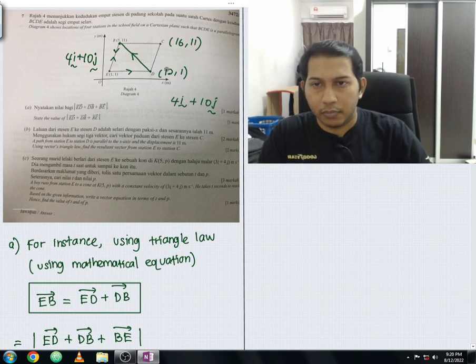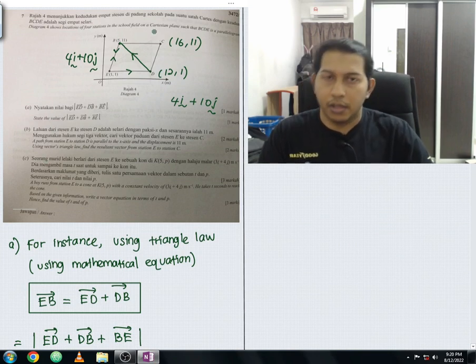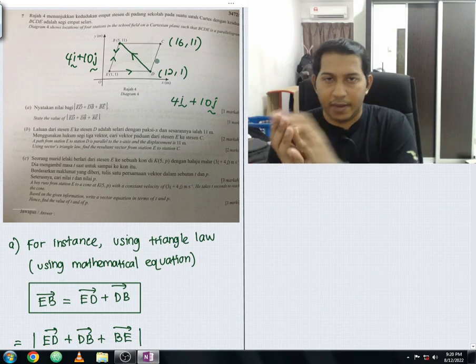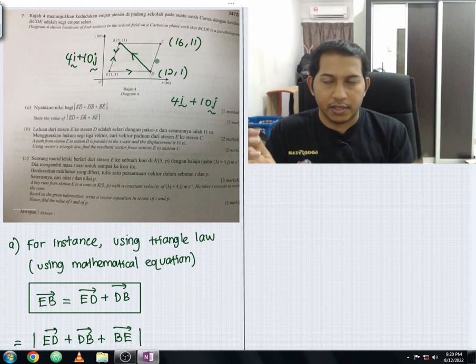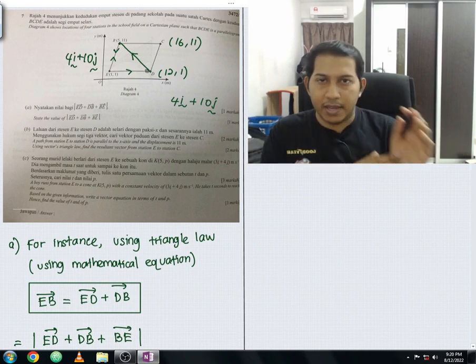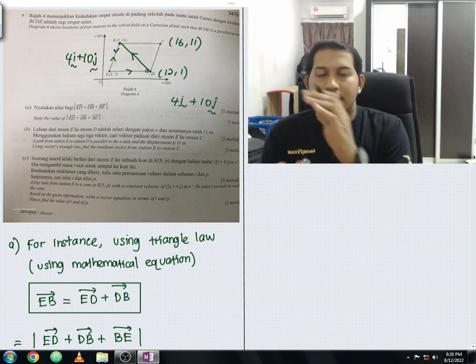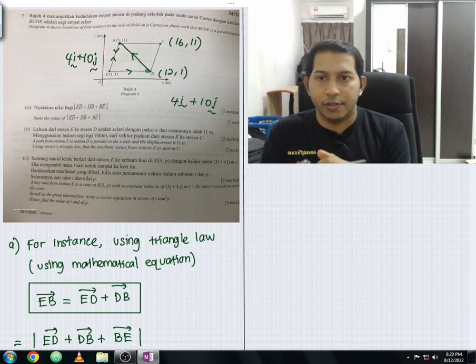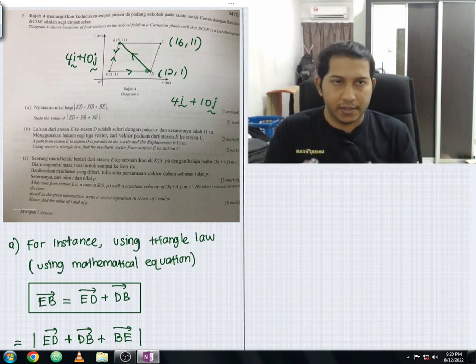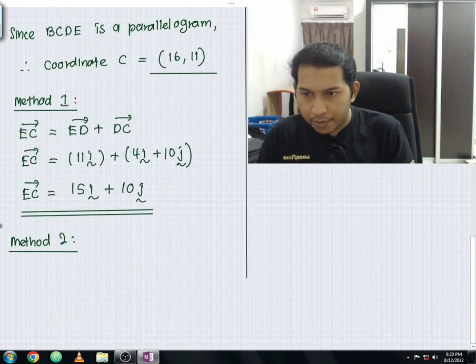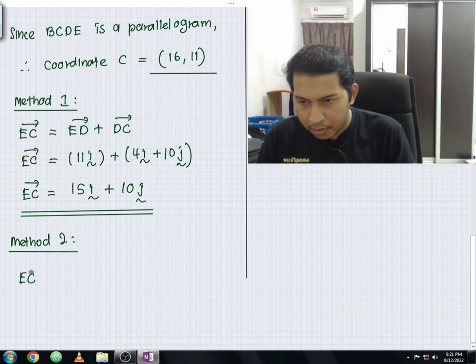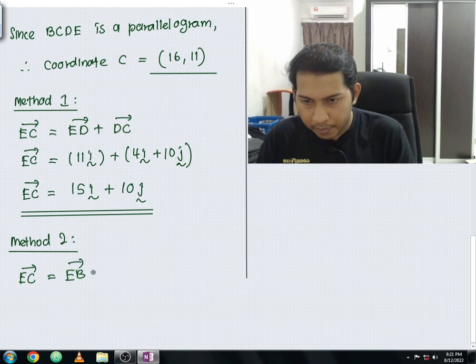And then vector BC, similar concept, it is displaced by 11 meters in the x coordinate. For the y coordinate there will be no changes, only your x is displaced by 11. Since x is represented as i, you just write 11i for BC. So method 2: vector EC is equal to vector EB plus vector BC.